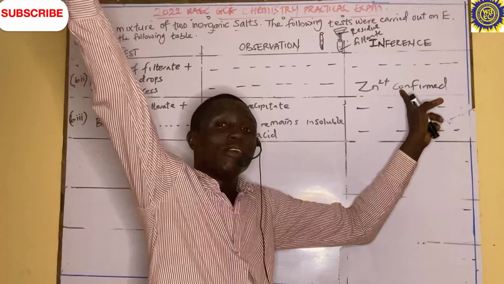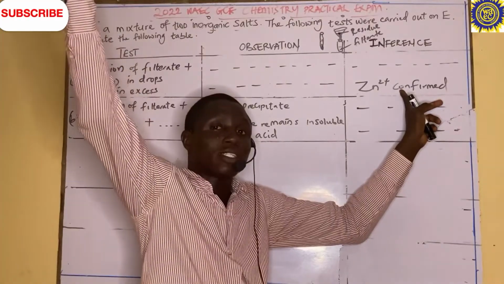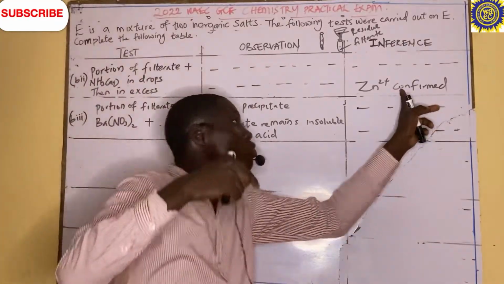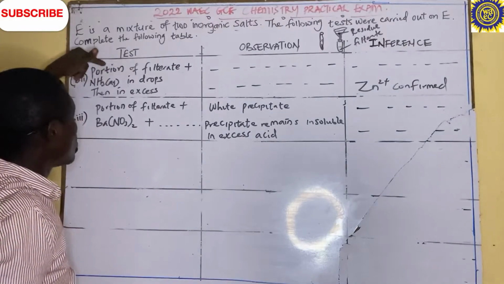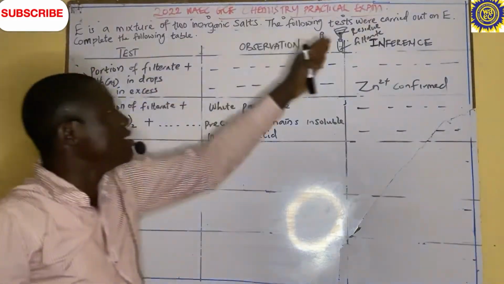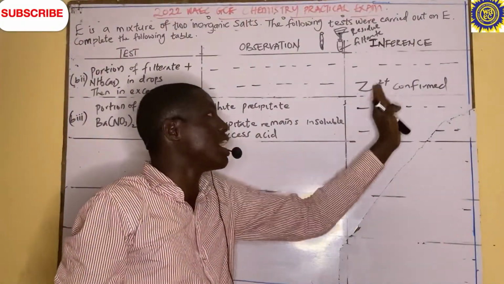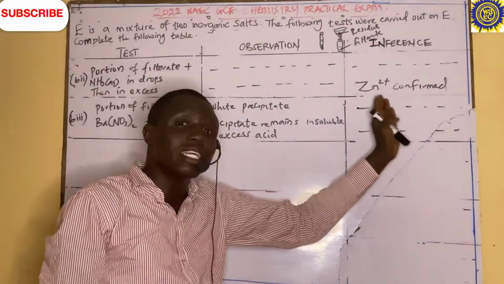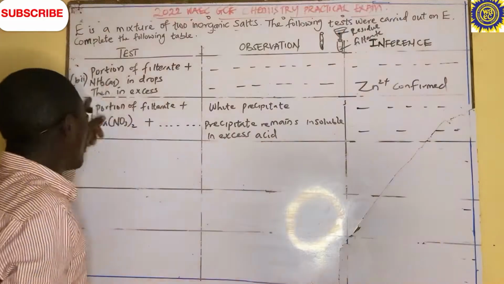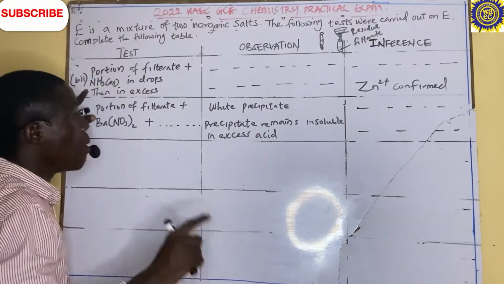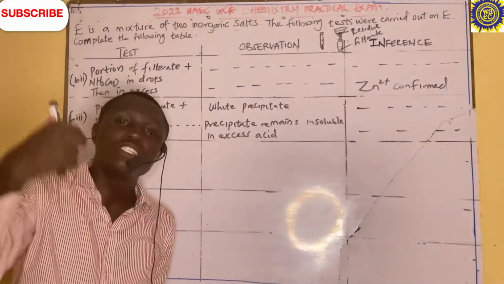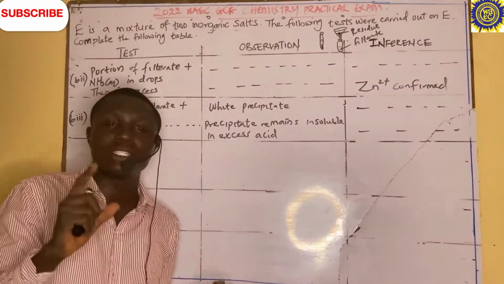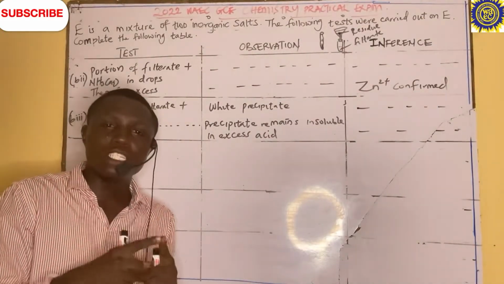In the previous question, when we used sodium hydroxide with the portion of the filtrate, we got zinc and aluminum. But in this case, zinc is confirmed with aqueous ammonia, because zinc ion dissolves in aqueous ammonia.